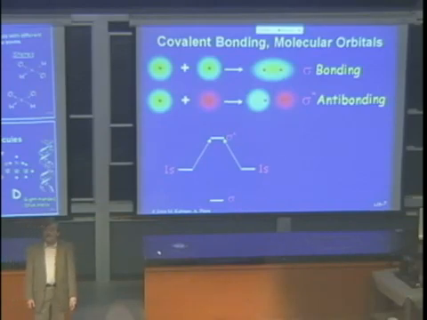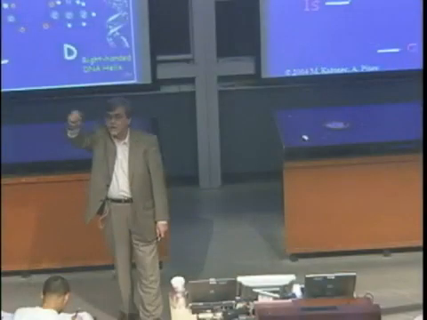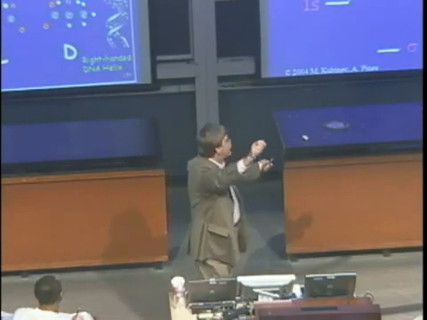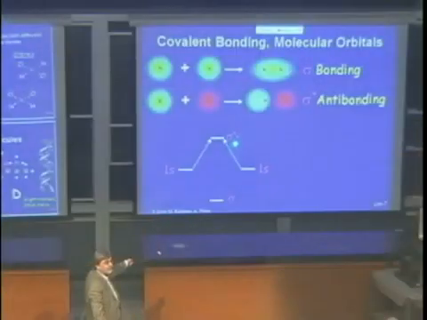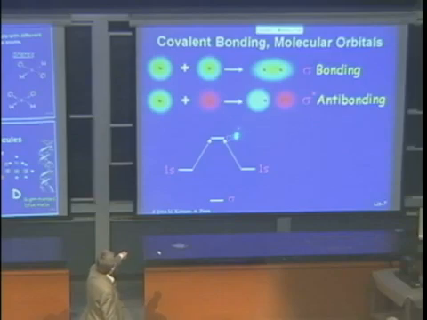The star stands for anti-bonding. If you have a star on a sigma, or on a pi, you have a sigma anti-bonding. That's all it means.